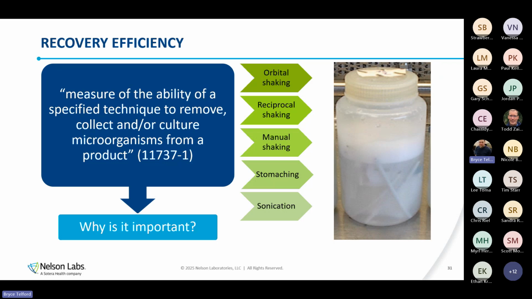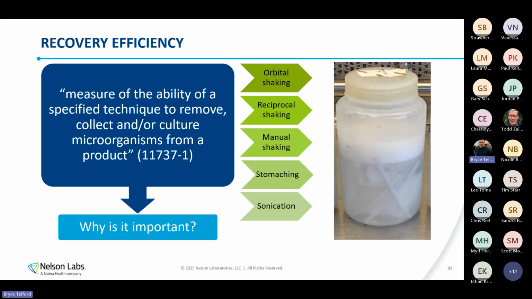And why is it important? Because every auditor is going to look at it, because that recovery efficiency, talking about mathematical transformations, does transform the data. If I have a recovery efficiency of 95%, that's going to affect the data a whole lot different than if I have a recovery efficiency of 25%, and that's going to affect how I set the dose.